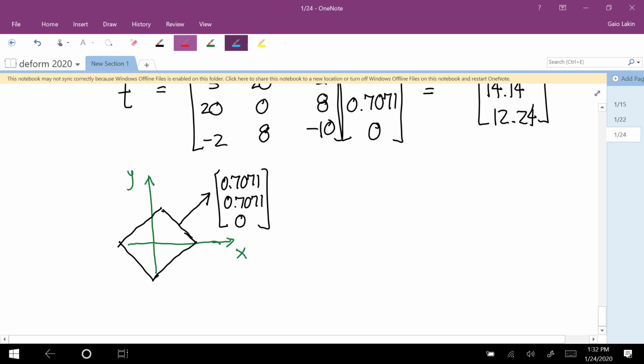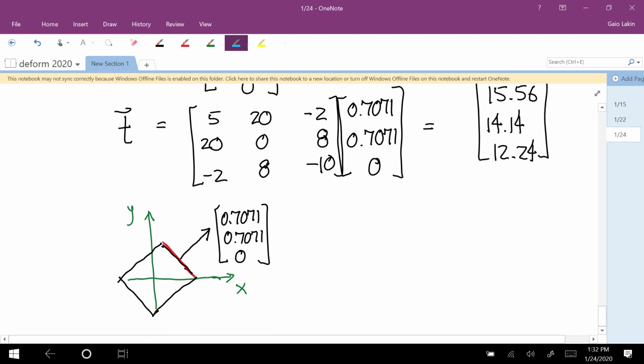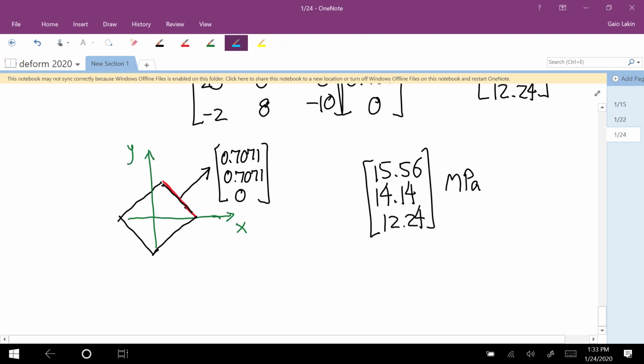Then if you think about this face, these values we got, 15.56, 14.14, 12.24 megapascals would be the tractions acting on that face.